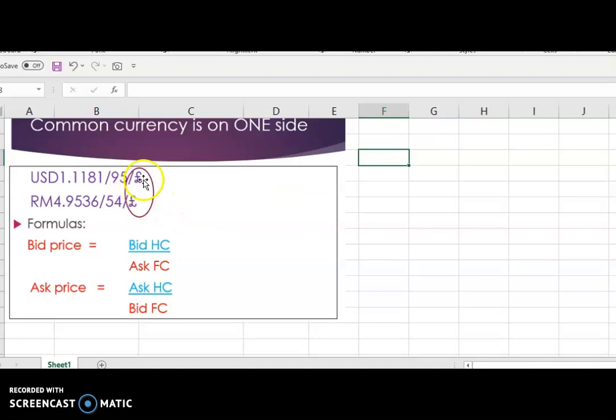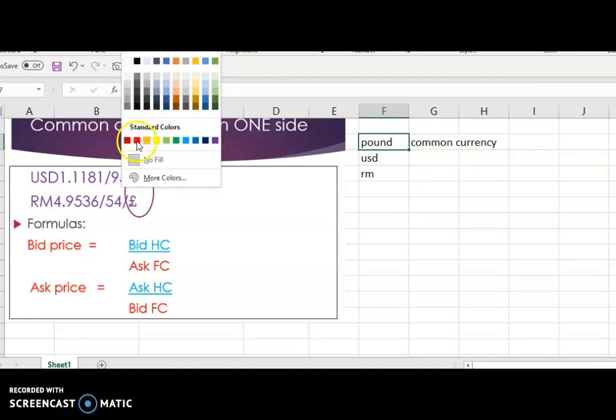Since USD starts with 1 and RM starts with 4, the strong currency is pound, followed by USD, and the weak currency is definitely RM. Since pound is the common currency, we just ignore it.